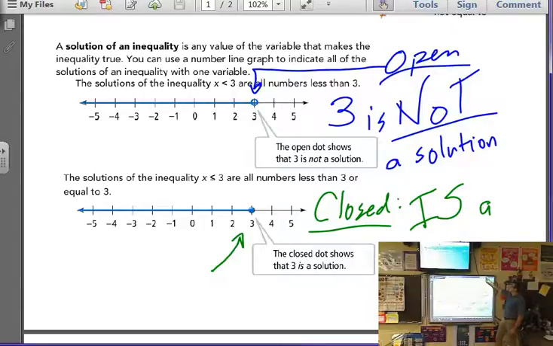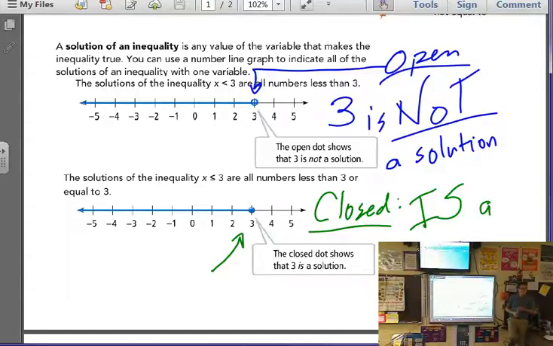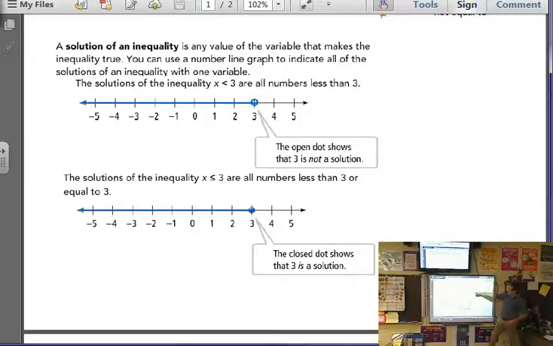Any questions on the closed versus open circles showing solution values? How can you tell if it's a solution? If it's a solution, then it's less than or greater than, or equal to? This 3 is not a solution, but I have my x's shaded here. So I would say x is comparing to 3. How's it comparing?